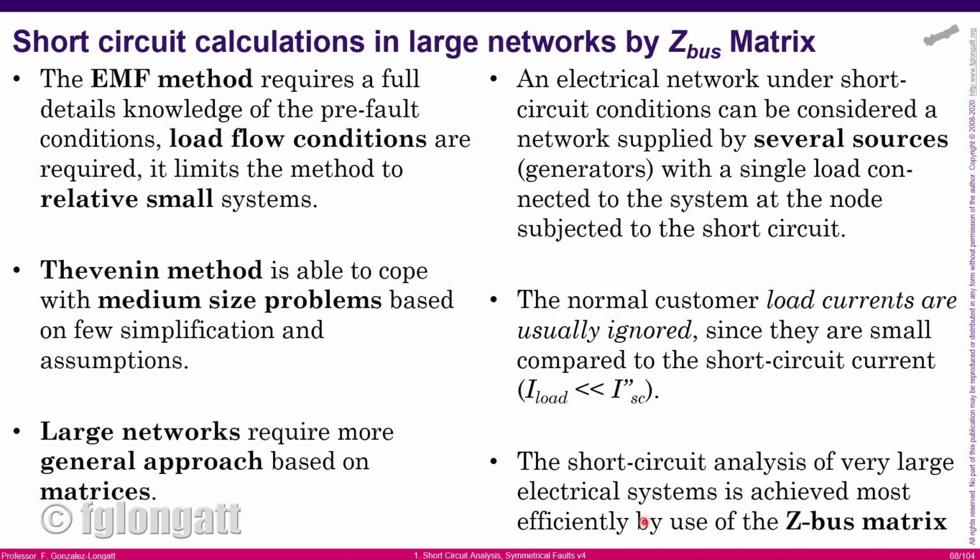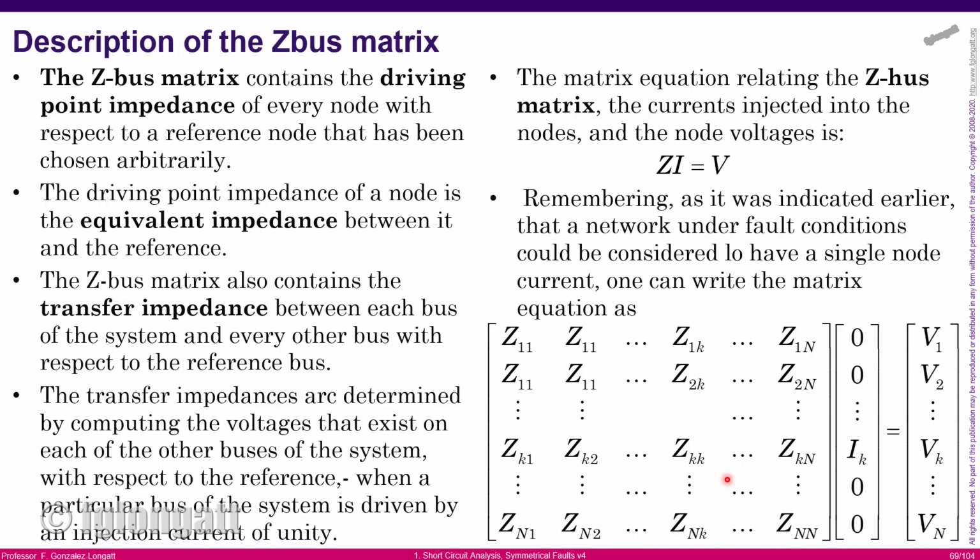Okay. For a very large electrical power system, what we need to do is use the impedance matrix, because it's the most effective method to cope with short circuit analysis. The impedance matrix is a very simple matrix.